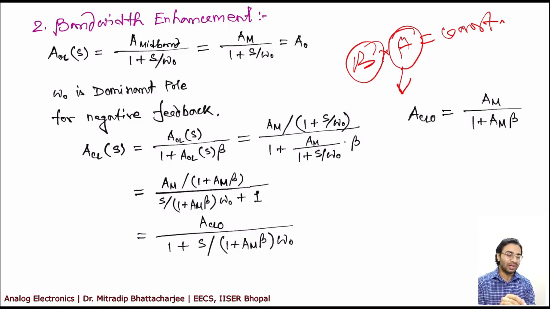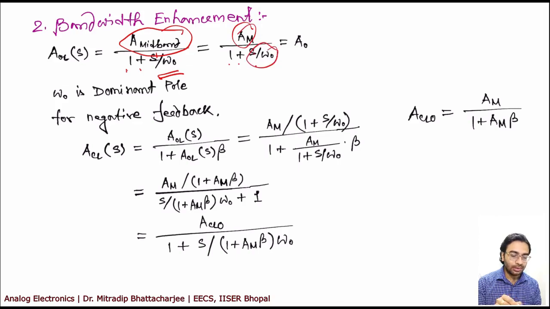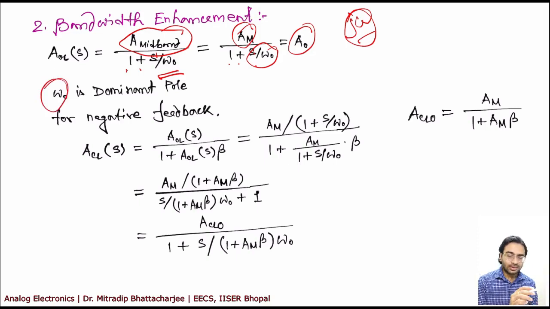Now let us see what that is. Consider your open loop gain to be A midband divided by 1 plus s by omega 0, or AM divided by (1 plus s by omega 0), which is equal to A0. Here remember we have for the first time brought in this j omega term. So your omega 0 is the dominant pole in this case.